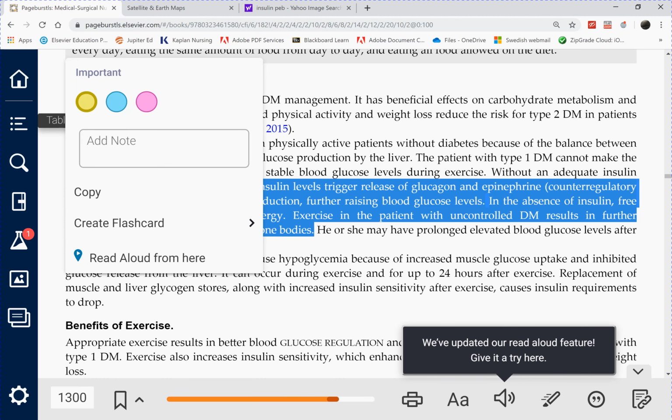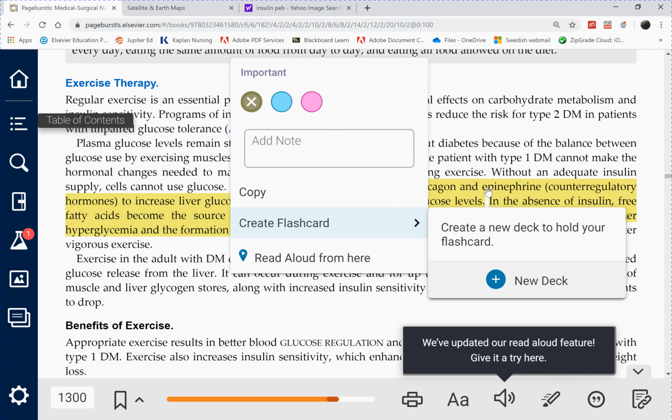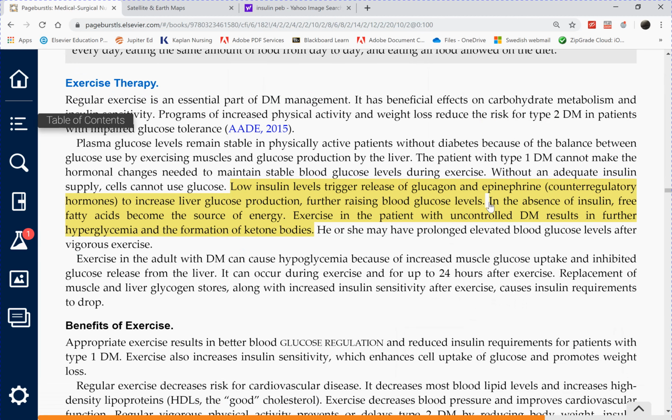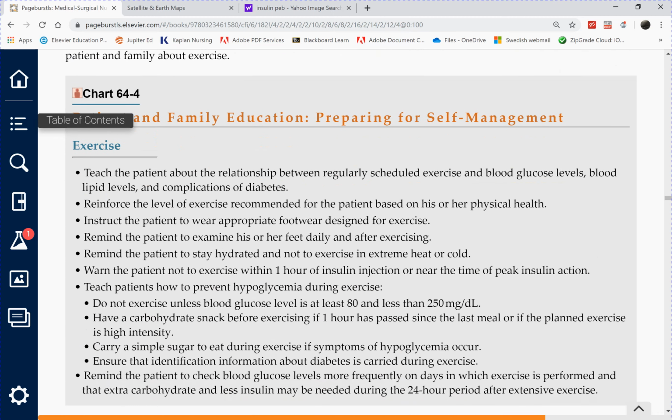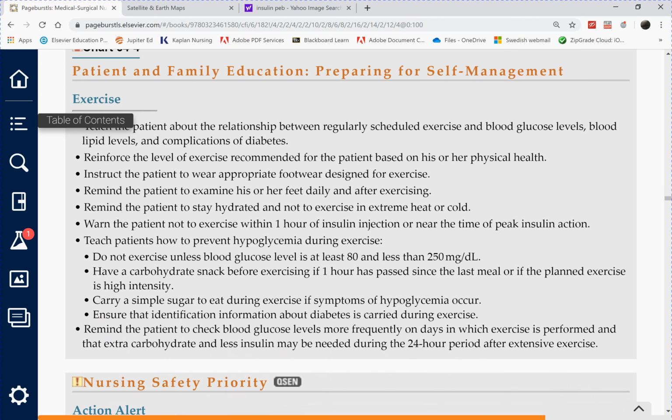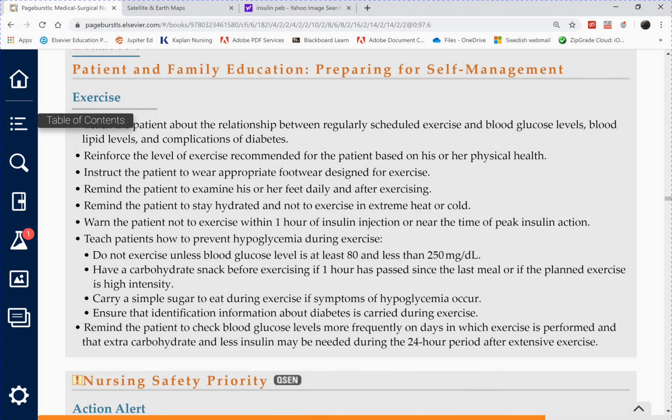However, look at the second statement. It says here, in the absence of insulin, free fatty acids become the source of energy. Exercise in a patient with uncontrolled diabetes results in further hypoglycemia and formation of ketone bodies. Now remember these two statements when we go to the guidelines. Okay, so here are the guidelines for insulin during exercise. Read the rest. Let me point out a few things here.